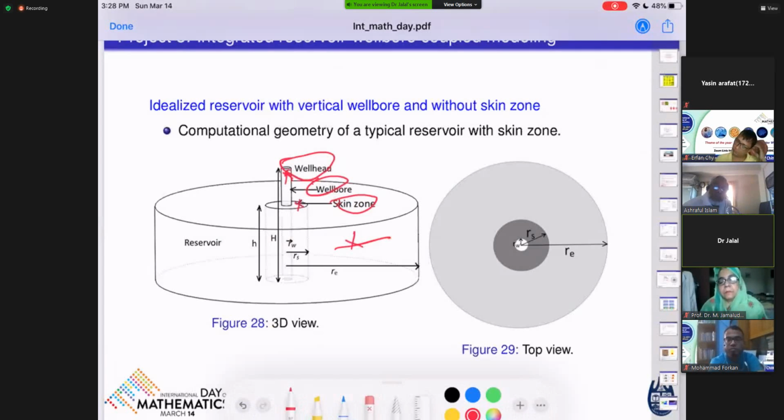So I have three zones. Flow conditions and boundary conditions in the three zones are different. To get a real picture and understand the real flow, we have to connect all these three regions in one simulation.